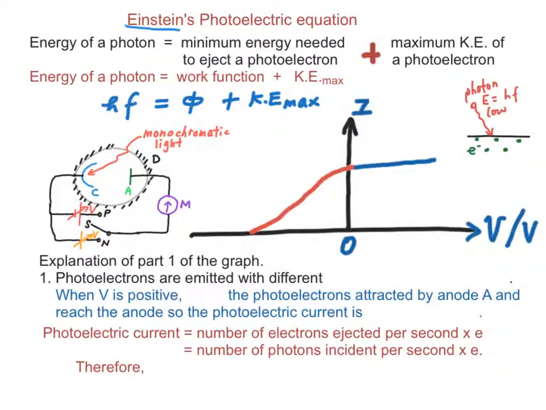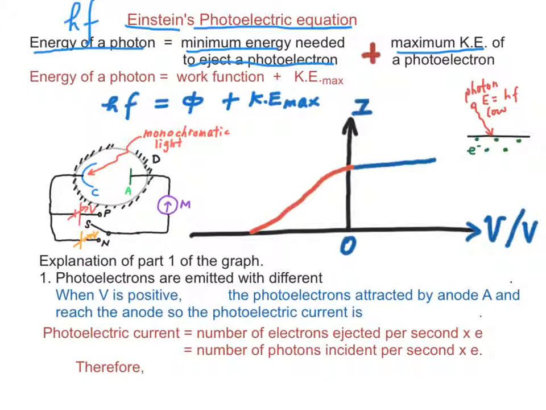Einstein used the photoelectric equation to explain the experimental result. He says that the energy of a photon hf equals the minimum energy needed to eject a photoelectron plus the maximum kinetic energy of a photoelectron.